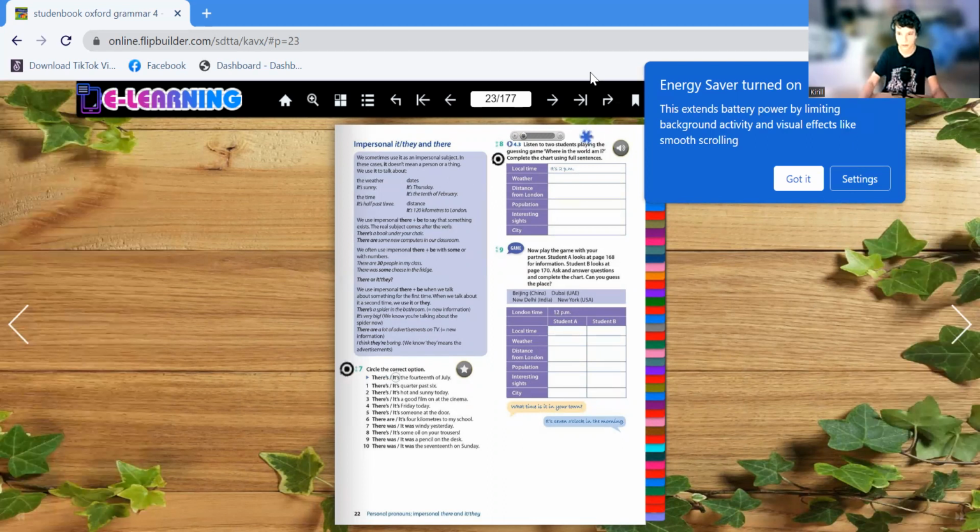So, what did you learn tonight? Tonight I learned about it is, there is, this rule about how to use that. I have repeated about impersonal pronouns.